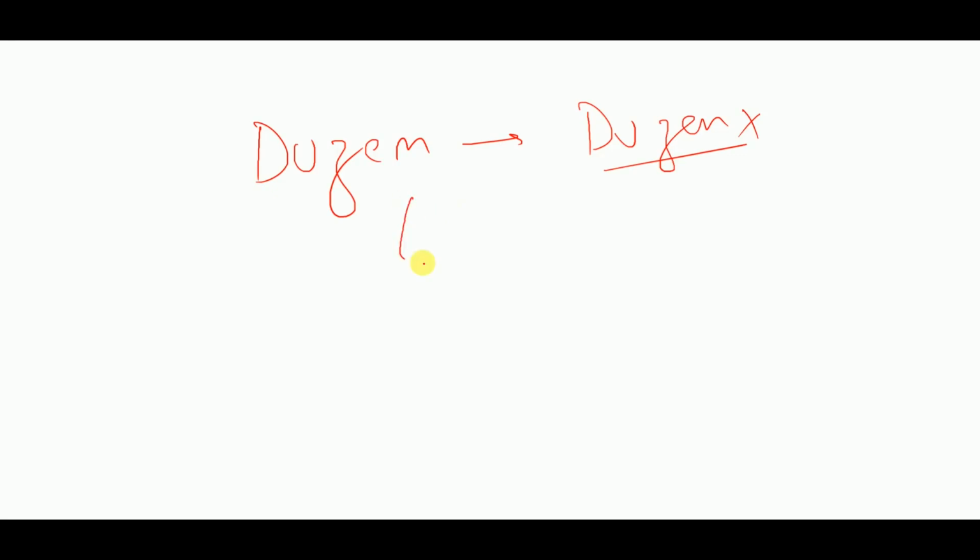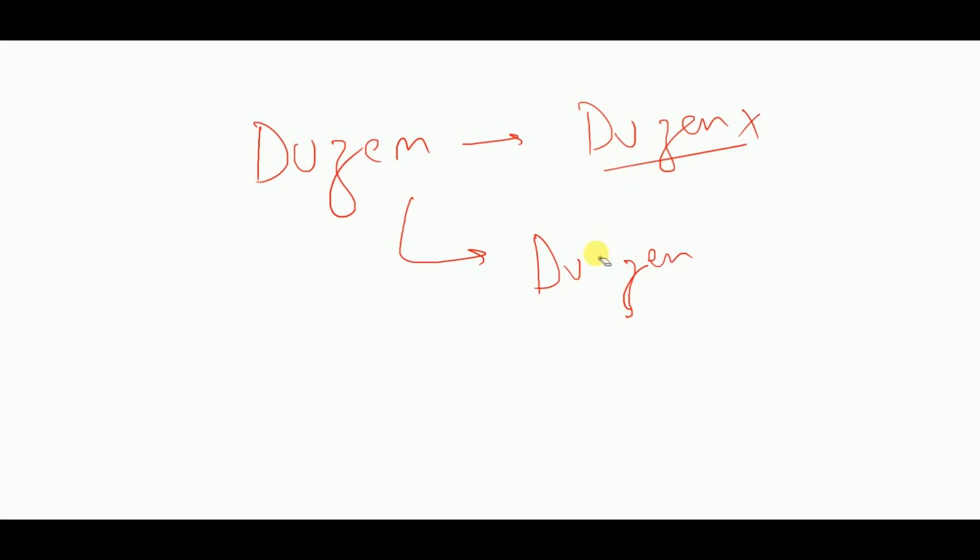Z is very common. For example, I just spoke this word Dutzend. It is not Duzen. That is wrong. You have to call it as Dutzend.